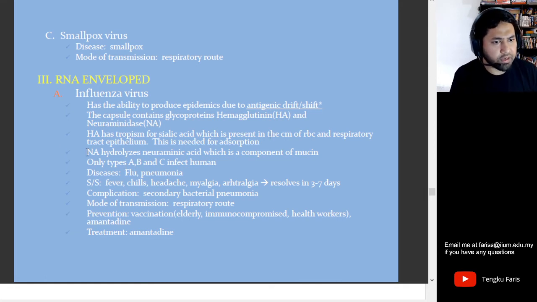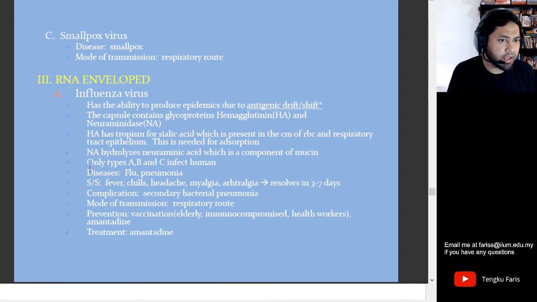NA, which is another enzyme, hydrolyzes the neuraminic acid, which is a component of mucin that is present in the respiratory tract. Again, this is kind of killing two birds with one stone.